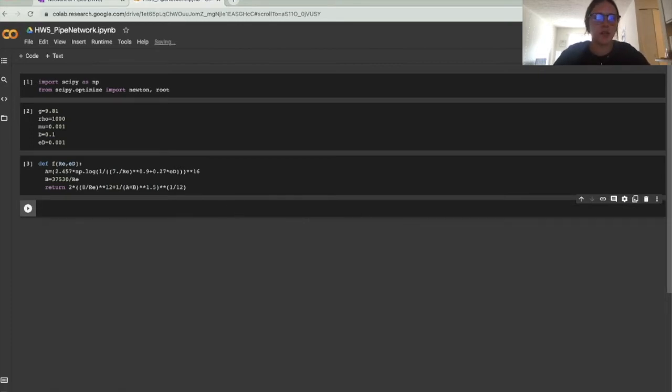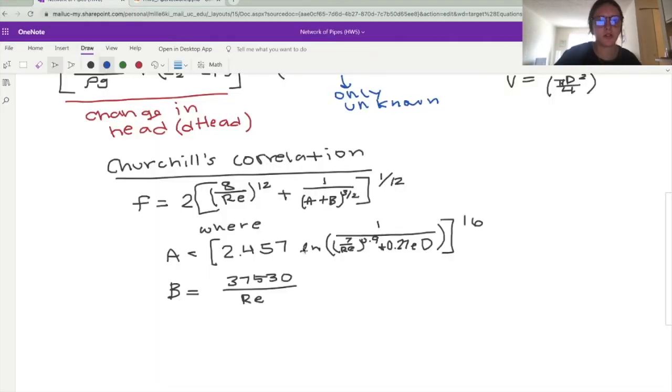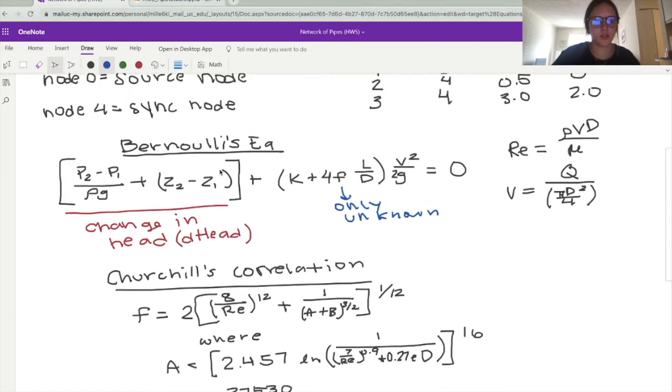And so now that we know the friction factor, we want to solve for the change in head. So we're going to make another function, and we are going to have this equal to the negative of this value.